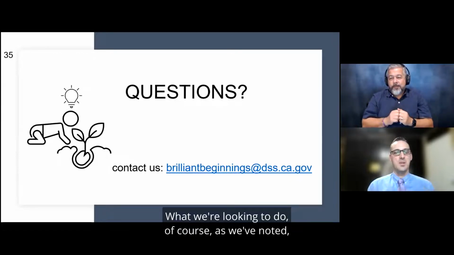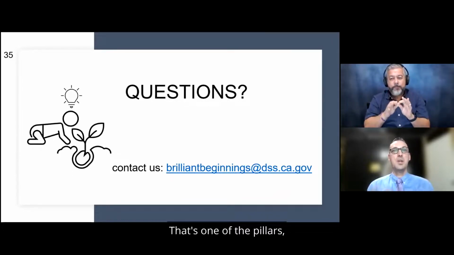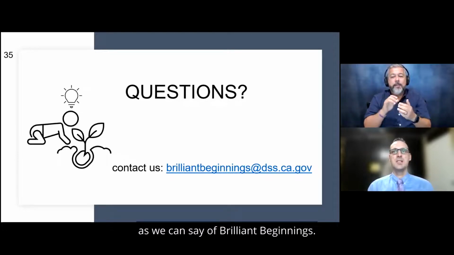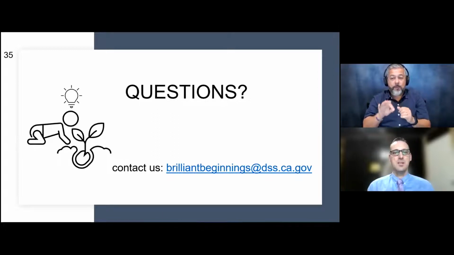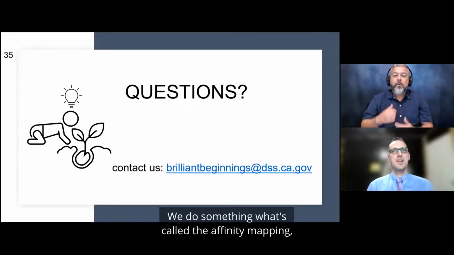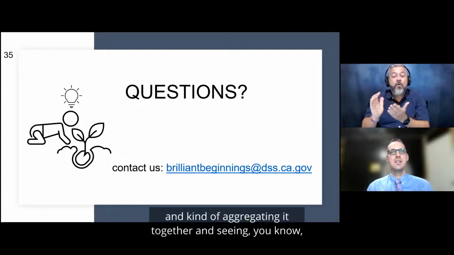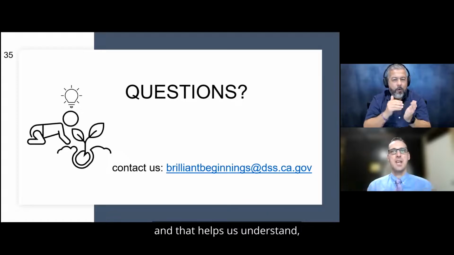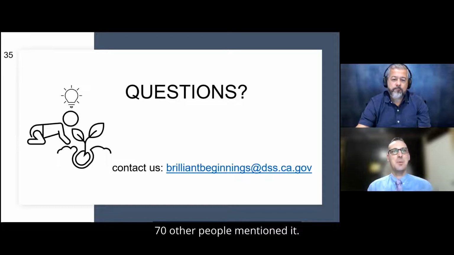What we're looking to do, of course, as we've noted, is that equity is extremely important. That's one of the pillars of Brilliant Beginnings. And so noting the importance of some providers who may not have the know-how, I think it's been noted several times here today. We do something called affinity mapping. That's taking back all of the feedback and aggregating it together and seeing how often something comes up, and that helps us understand, wow, this is something really important because 70 people mentioned it.